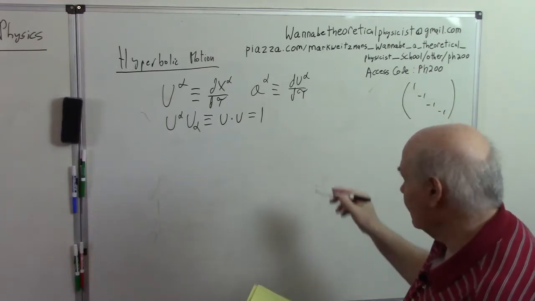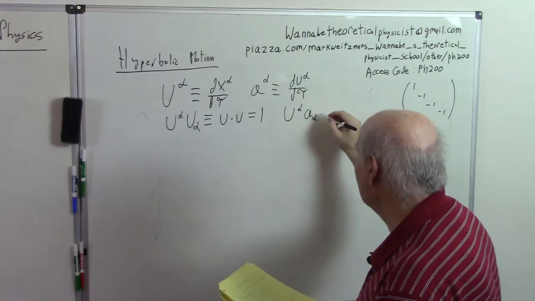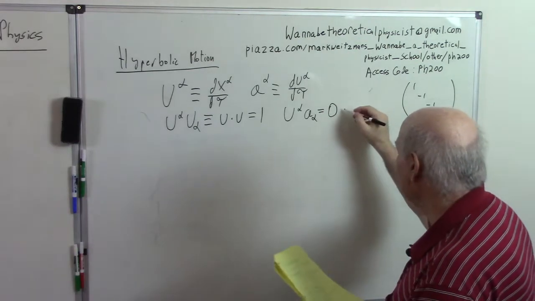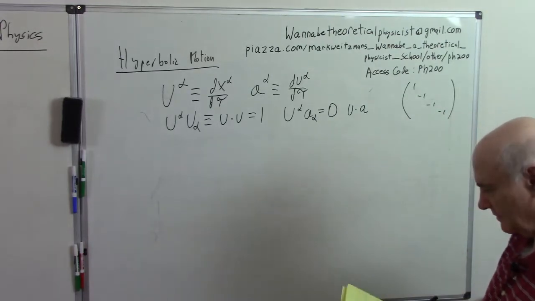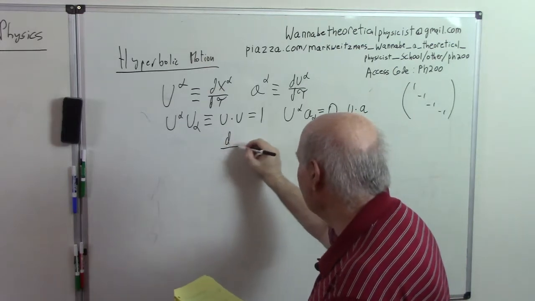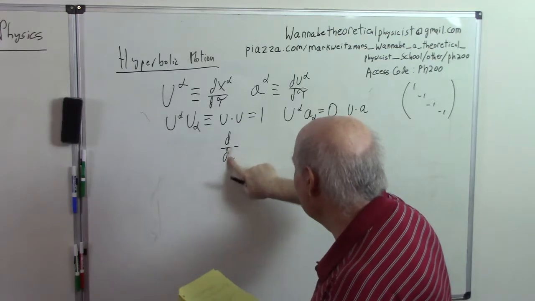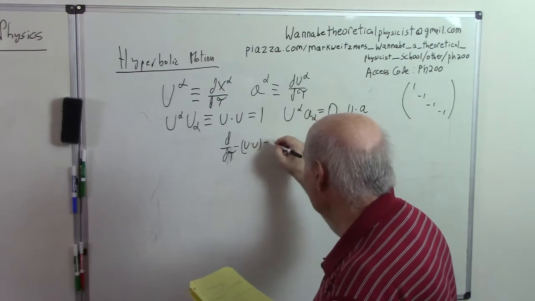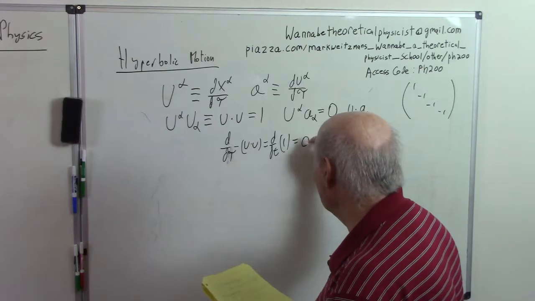Our next fact is that u^alpha a_alpha is equal to 0, the same thing as u dot a. This is easy to prove, since u dot u is 1, just take the derivative: d/d tau of u dot u equals d/d tau of 1, which is 0.